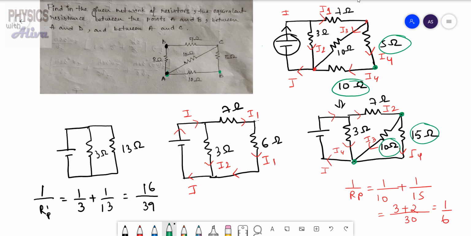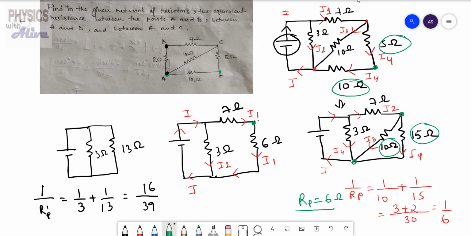So we have calculated that Rp is equal to 6. So we have replaced this 10 and 15 ohm by a resistor of 6 ohm. Now from this current distribution we can see the same current is flowing through 7 ohm and 6 ohm and only one common junction is there.